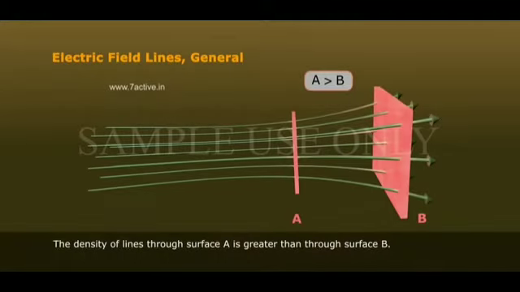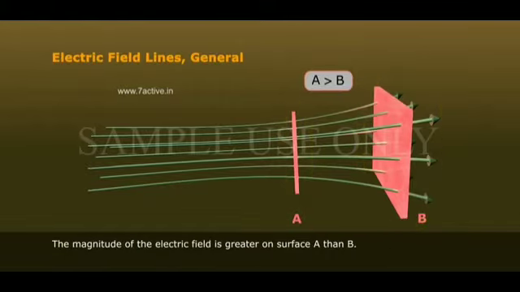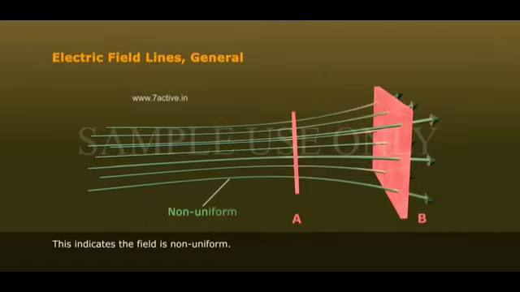Electric field lines. General. The density of lines through surface A is greater than through surface B. The magnitude of the electric field is greater on surface A than B. The lines at different locations point in different directions. This indicates the field is non-uniform.